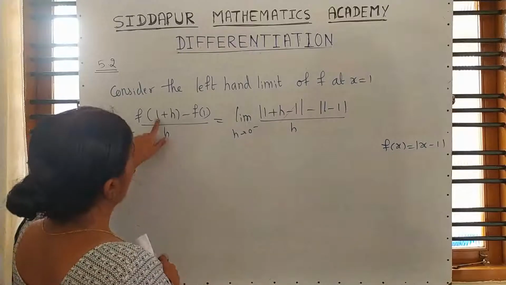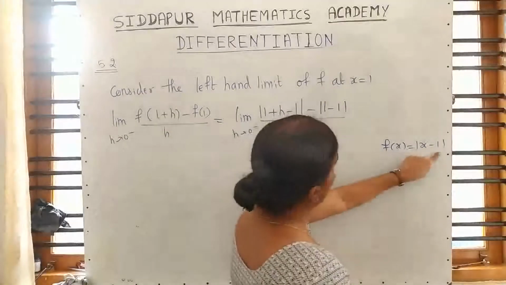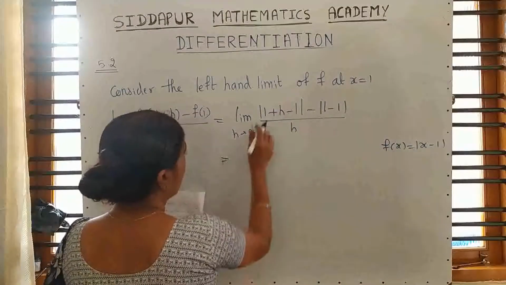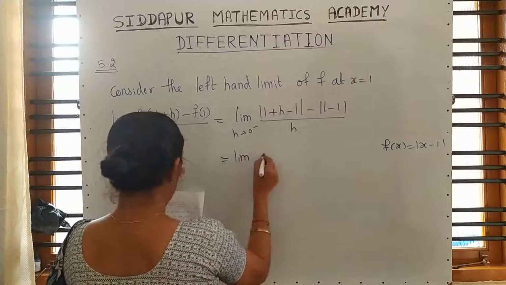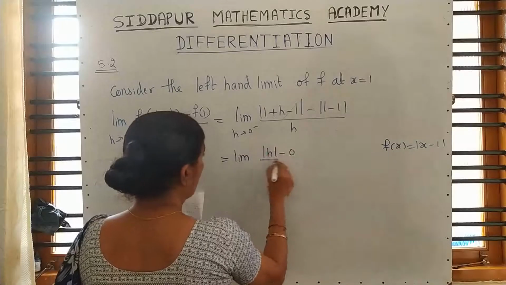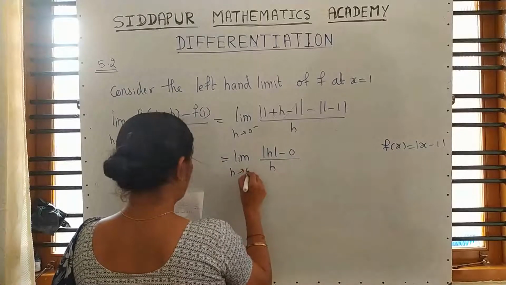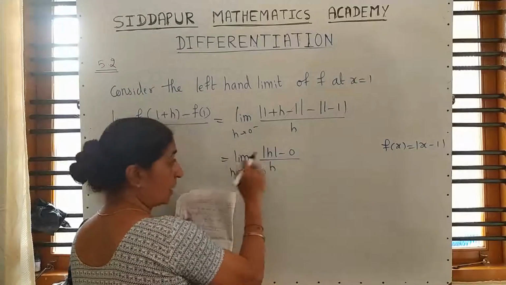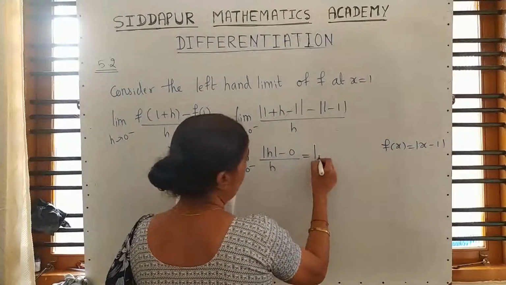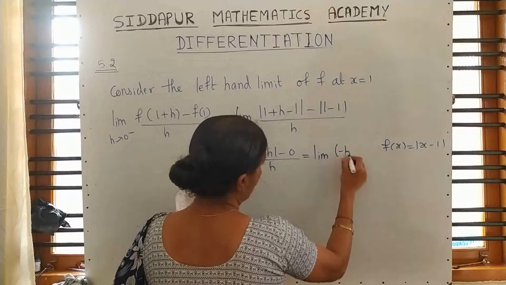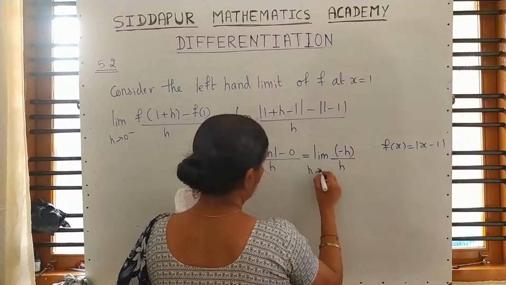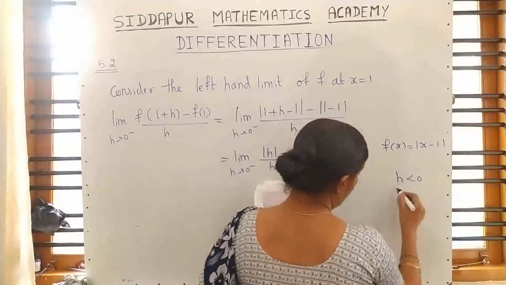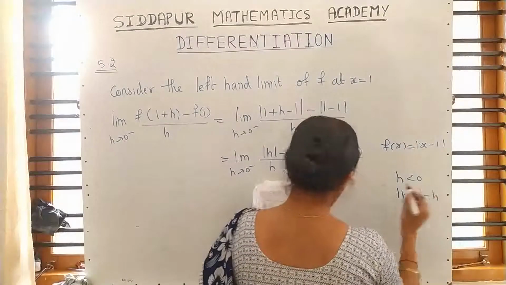If it is 1 plus h, we have to write 1 plus h minus 1. If it is 1, 1 minus 1. 1 minus 1 is 0 and here plus 1 minus 1 get cancelled. We are getting mod h minus 0 upon h as h tends to 0 minus. And if it is negative, h tends to negative left side. What is modulus of h? Modulus of h will become minus h. Your answer will be minus 1. Why? If h is less than 0 means modulus of h will be minus h.